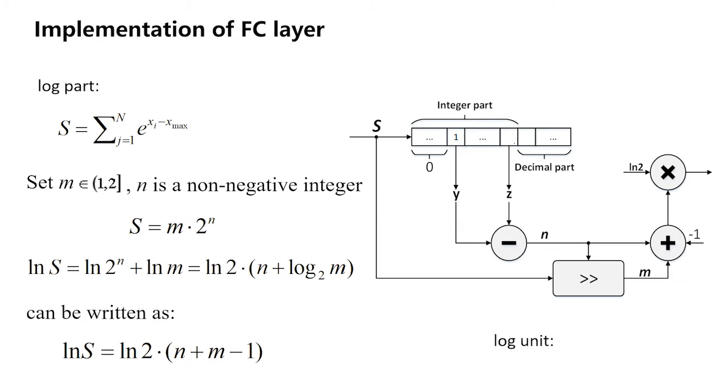Then we can express S by this equation: S equals M multiplied by 2 to the nth power. So log S equals log 2^n plus log M, which equals n times log 2 plus log2 M.